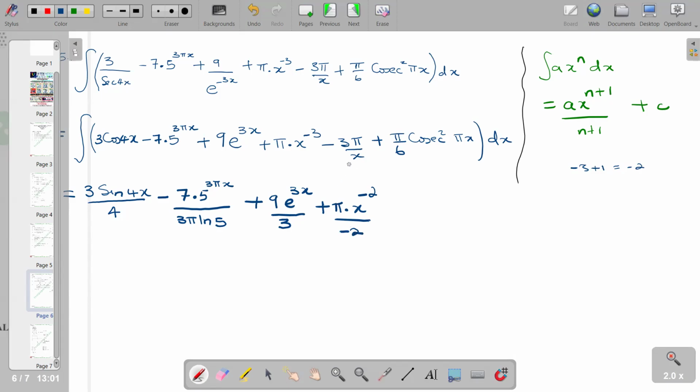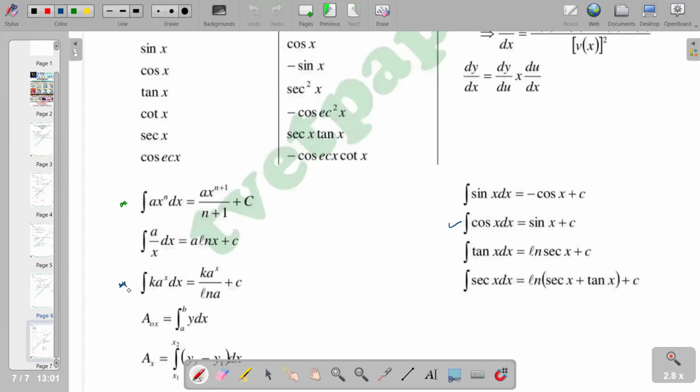Then we go to the next question. If you check the next question, you still go to the formula. Here it is given a over x. If you are integrating a over x, here is the formula that we are going to apply.